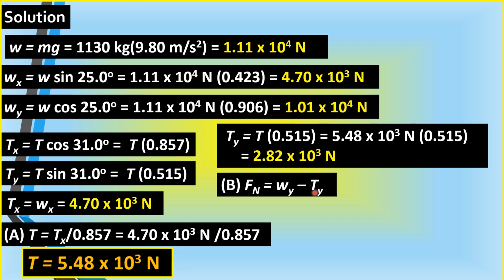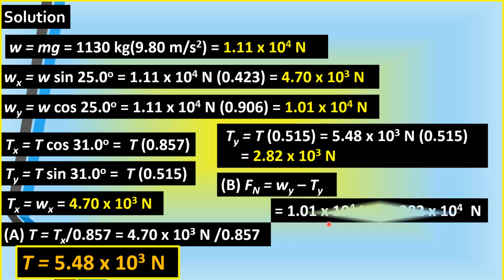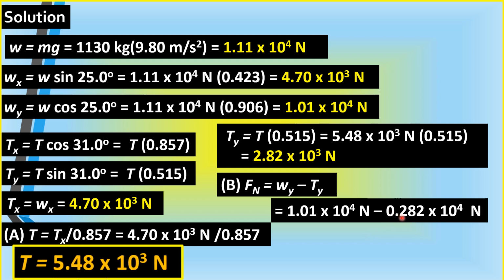And for the car to remain in equilibrium along the y-axis, this is our equation. F normal is equal to Wy minus Ty. Substituting, we get 1.01 times 10 to the 4th Newton minus 0.282 times 10 to the 4th Newton.